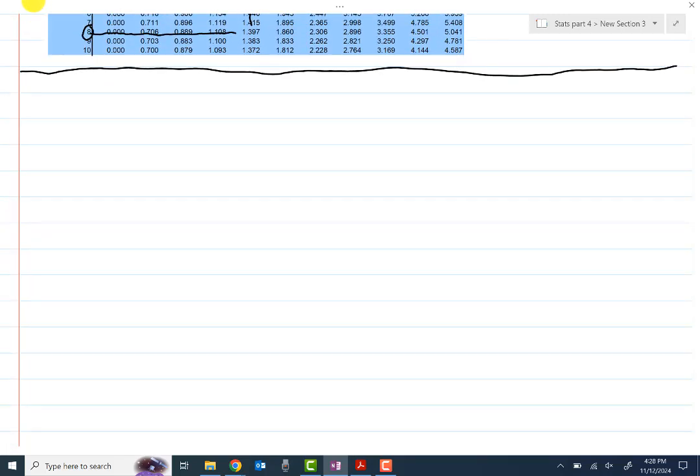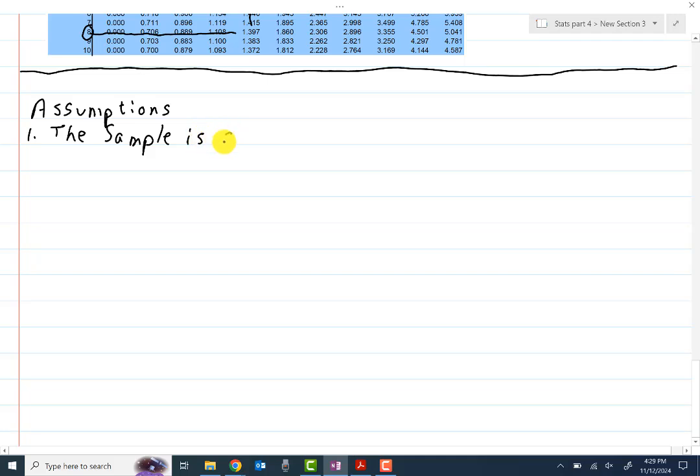There are only two assumptions that we're going to make when we're dealing with these problems. One, and this is the first assumption for all of them, the sample is random.